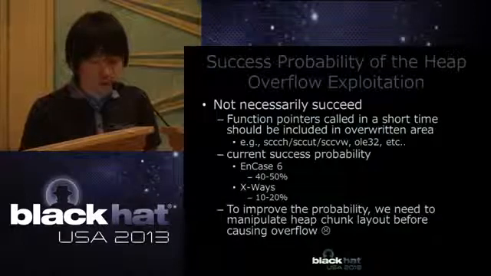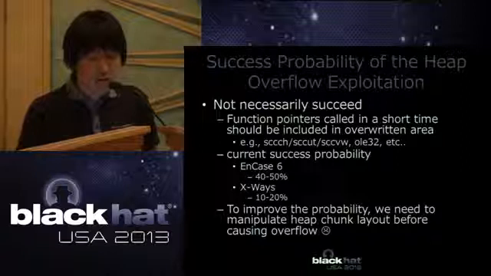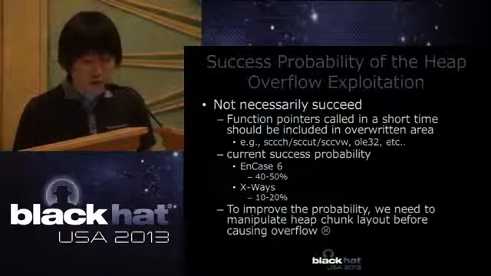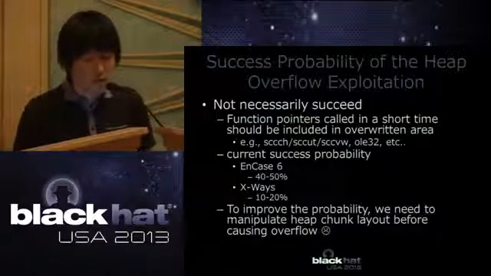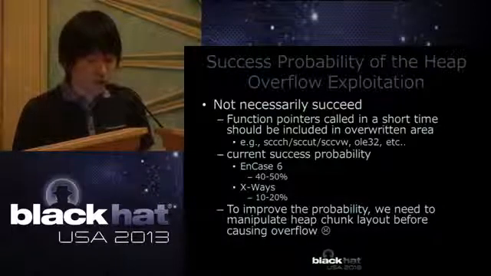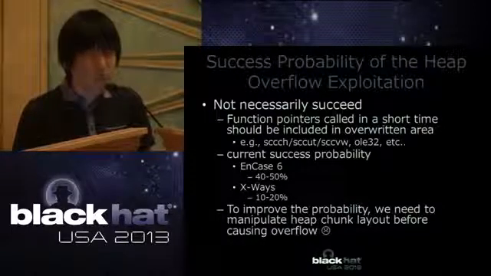However, honestly speaking, the success of code execution is unstable because function pointers called in a short time after overflow must be included in the overwritten area. To improve the probability, we need to manipulate heap chunk layout before causing overflow.